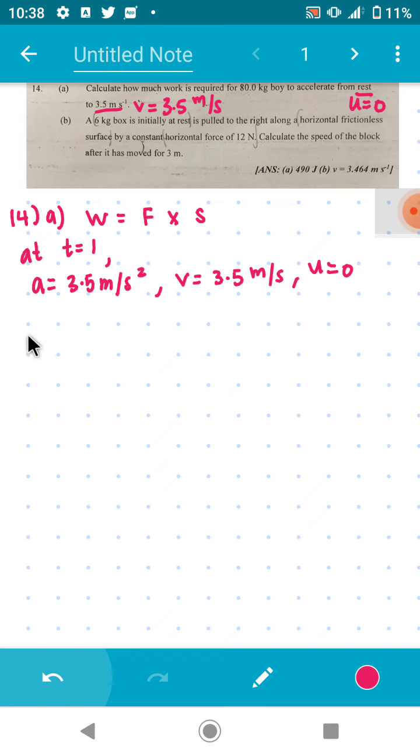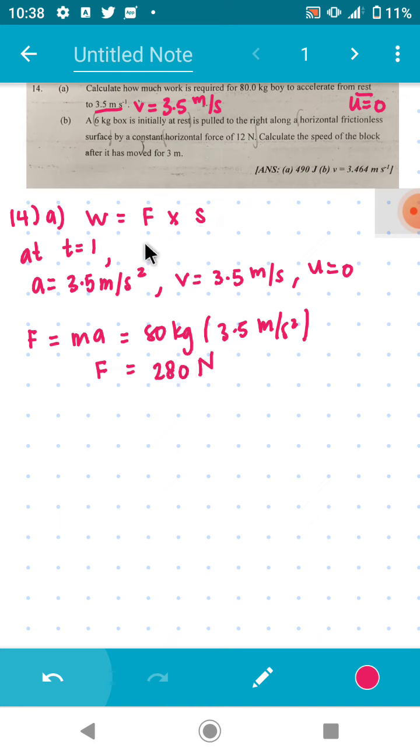So we can find the force first. Force is m times a, which is 80 kilo times 3.5. Thus the value of force is 280 Newton.